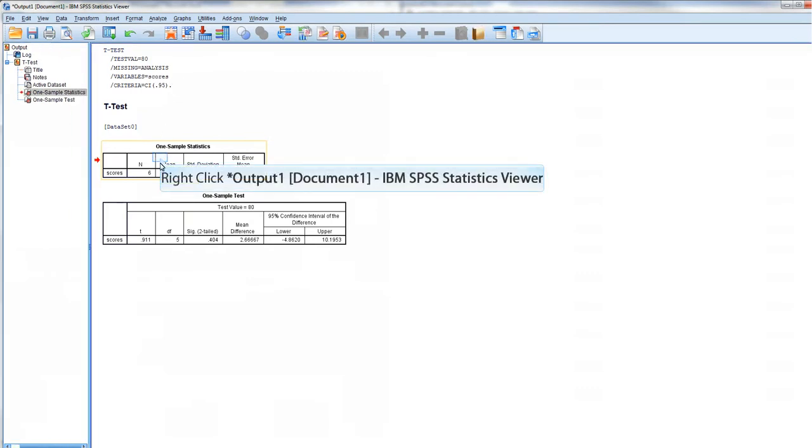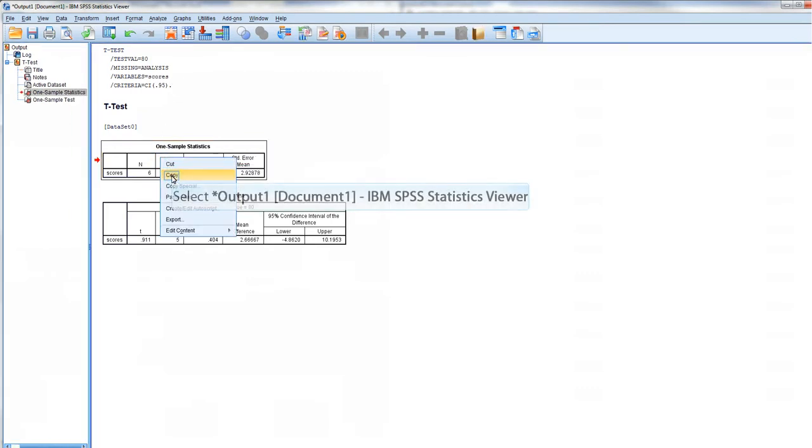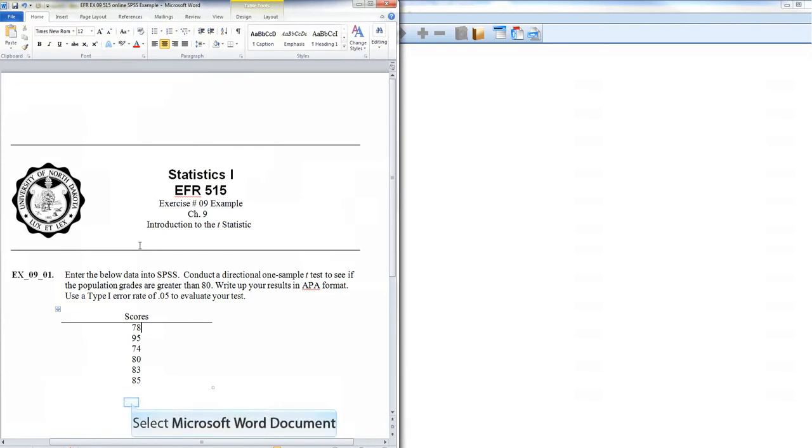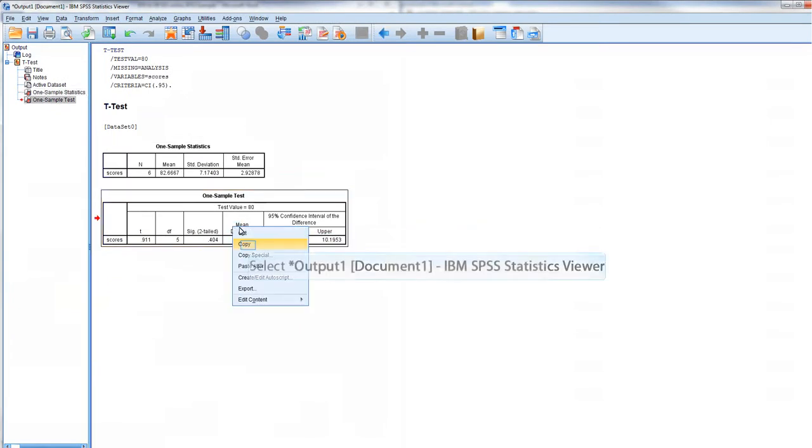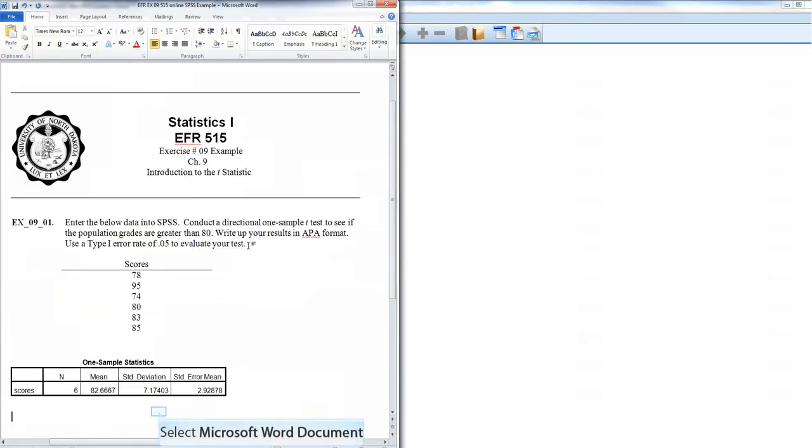So let's go ahead and bring this into Word. I'm just going to copy this. I click on the sample statistics, copy, and then I'll bring it over to Word. Go ahead and paste it in there. And now I think my next table is probably small enough where I can just paste it into my Word document.